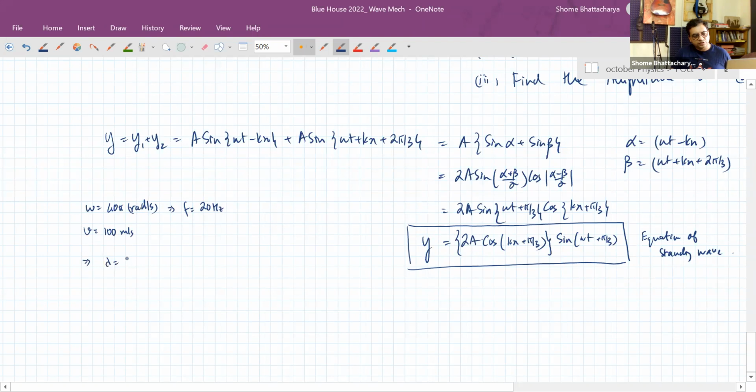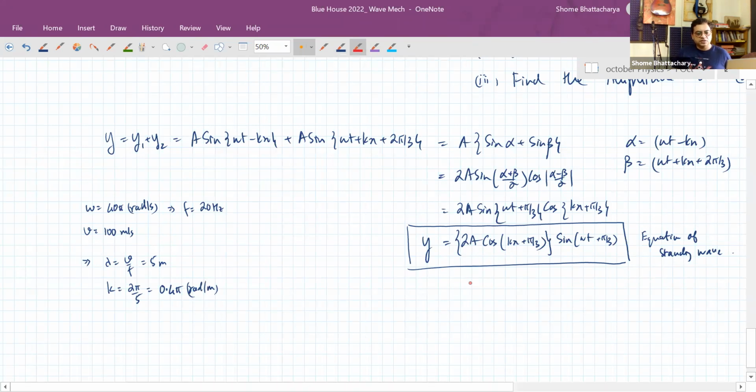So wavelength, which is v by f, is 5 meters. So k is accordingly 2 pi by 5, or 0.4 pi radians per meter.